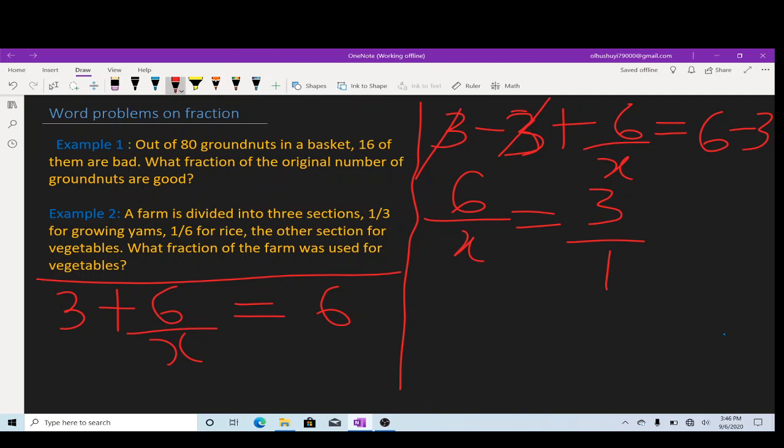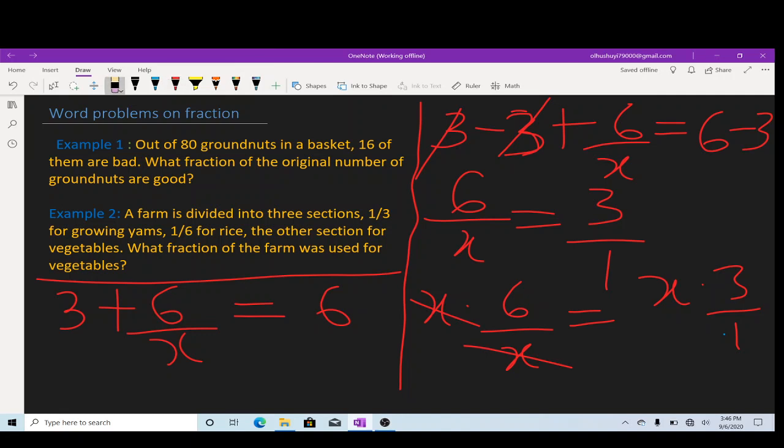Multiply both sides by x. That's how you can eliminate this x. So multiply the left hand side by x. x will cancel out x, you have 6 left. So here you have x times 6 upon x will be equal to x times 3 upon 1. This cancels out this.